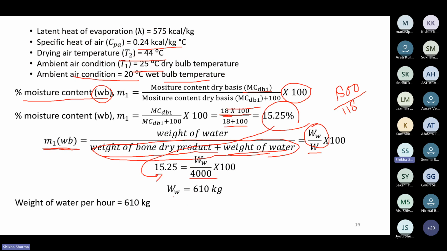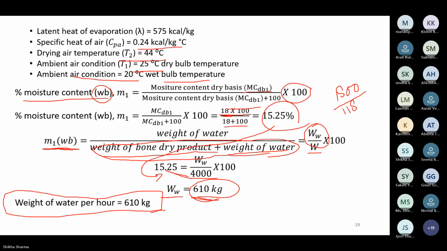So the weight of the water is 15.25 into 4000 divided by 100, which is 610 kg. So the weight of the water per hour is 610 kg.